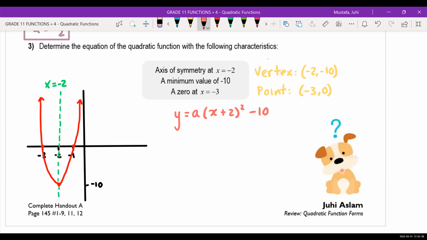Now we're going to do the same thing that we did above. So we substitute in a 0 for your y. We don't know what the a is. And we put in -3 for the x. And then we solve.